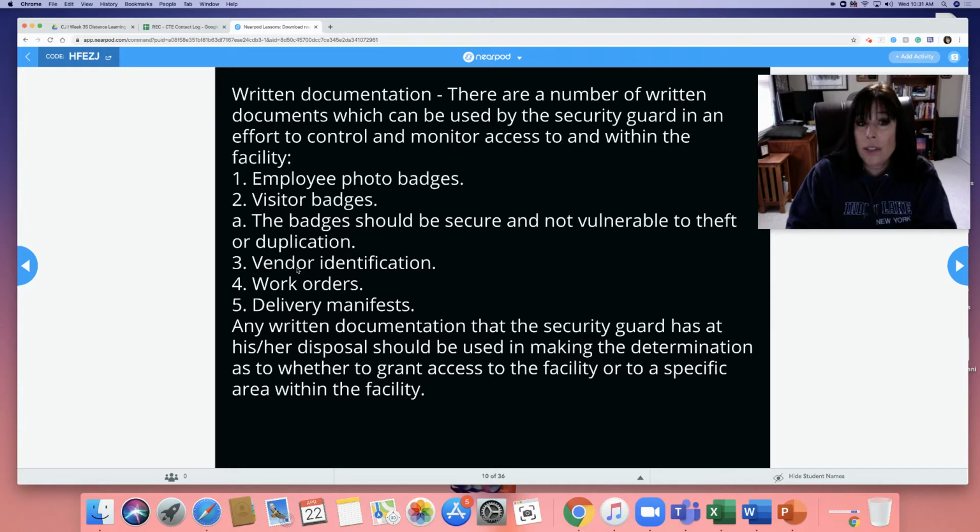A vendor is a salesperson. Work orders, delivery manifests. Any written documentation that the security guard has at his or her disposal should be used in making the determination as to whether to grant access to the facility or to a specific area within the facility. So let me pause here.